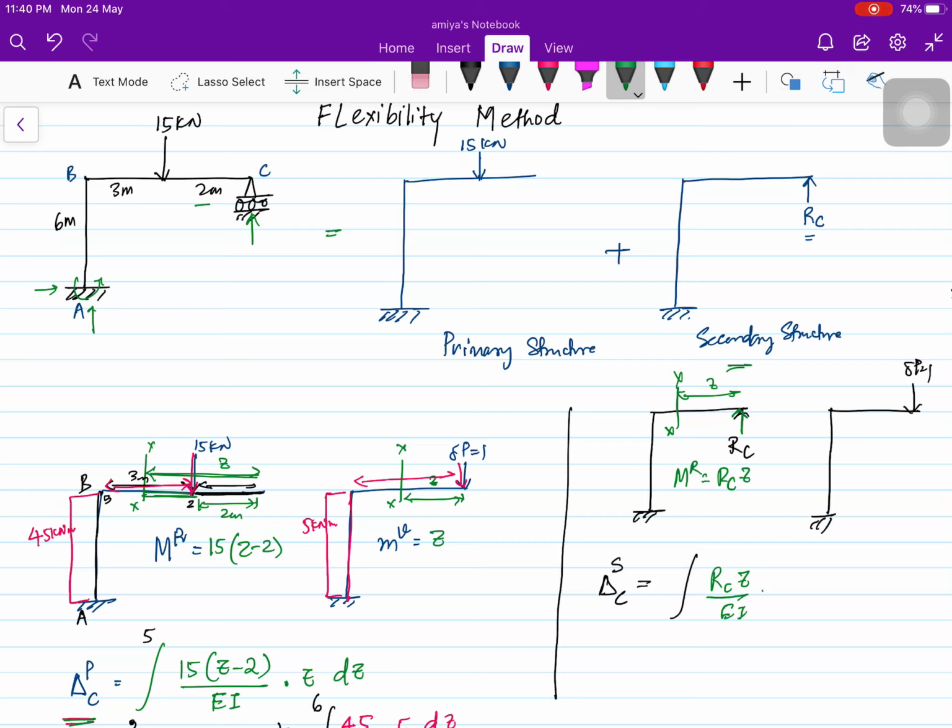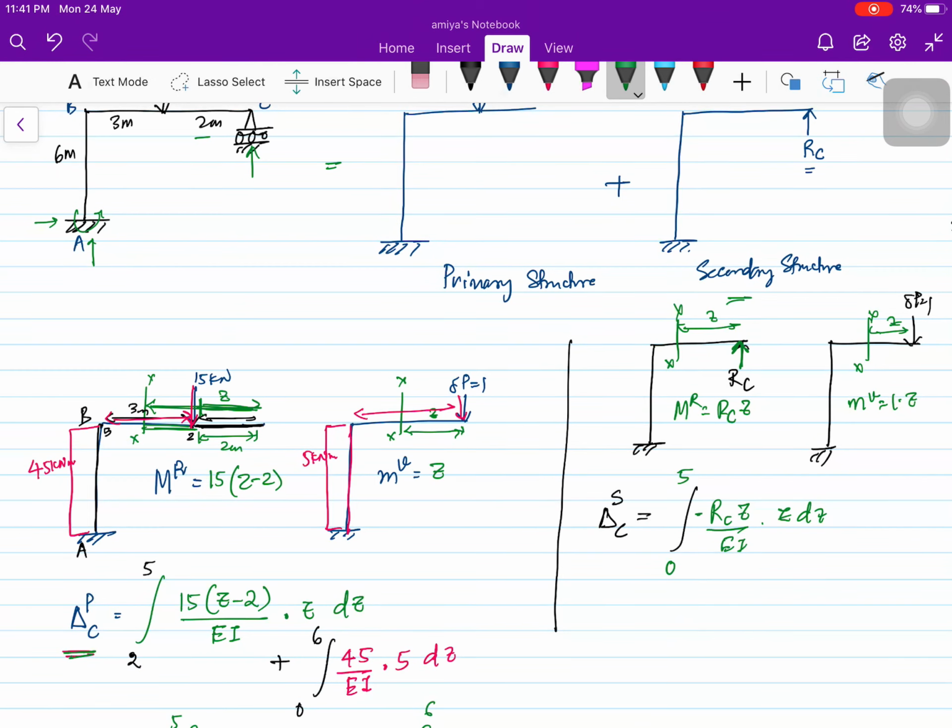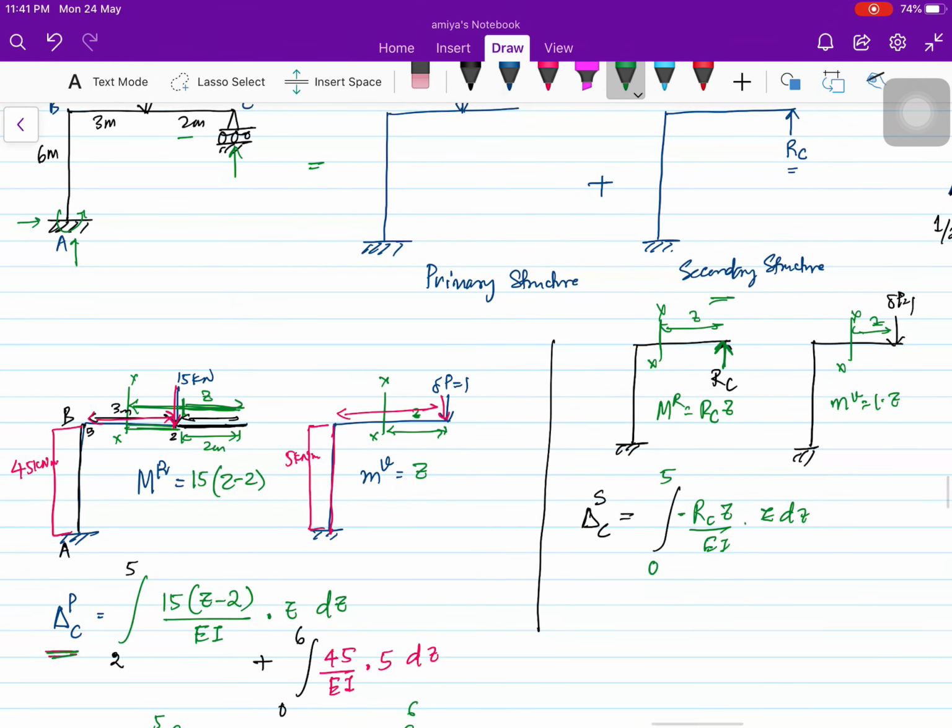So you can see this is upwards, I'll just put a negative sign, multiplied by, if I take any section Z, 1 multiplied by virtual moment, 1 multiplied by Z, which is Z. So this dz, you can see here, this RC is at the end, so the Z here will be from 0 to 5. Okay, in this case, there was no force between 0 to 2, so we integrated from 2 to 5. Here, since our force we are already having, so we'll integrate from 0 to 5.